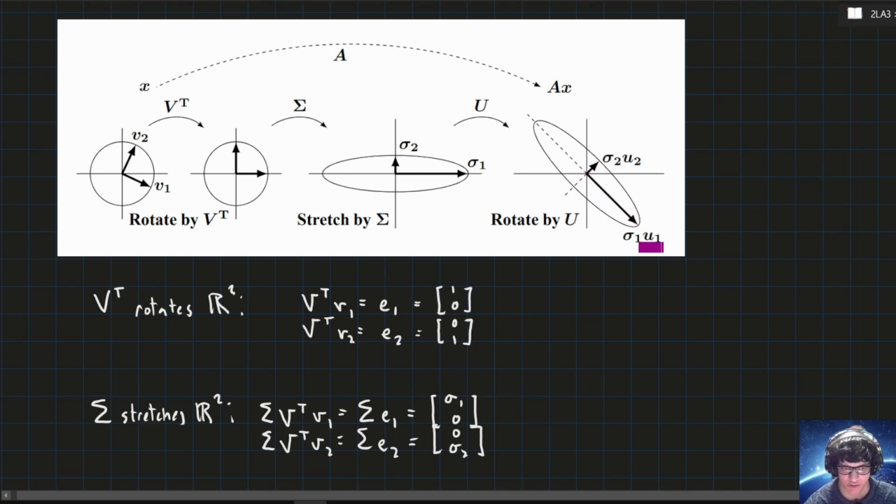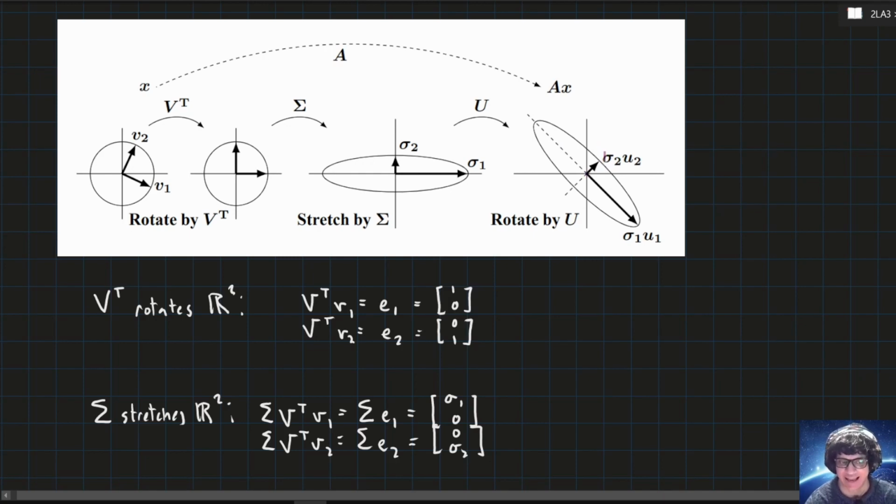It's the direction of U1, the first left singular vector. So A is deforming the space in a certain way, and it has certain axes of deformation.